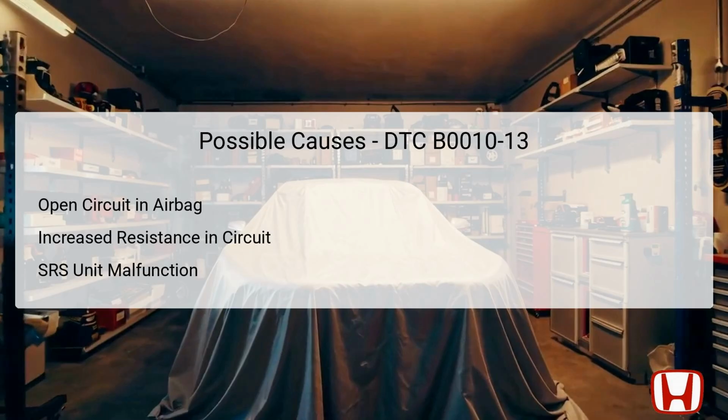Lastly, a malfunction in the SRS unit itself may lead to this error. If the SRS unit cannot correctly monitor voltage or functionality, it may inaccurately flag the front passenger's airbag as defective. Accurately diagnosing these causes is essential for resolving the issue and restoring vehicle safety.